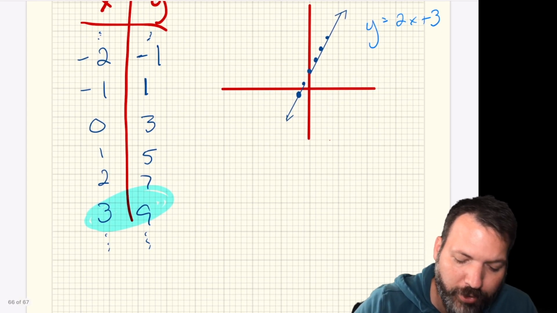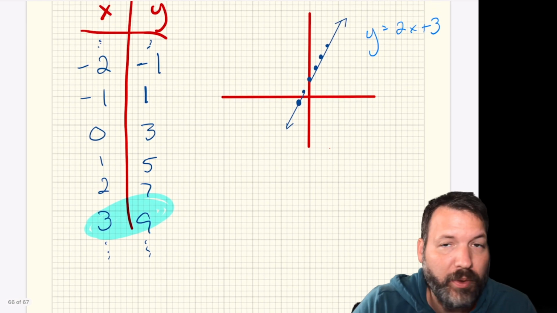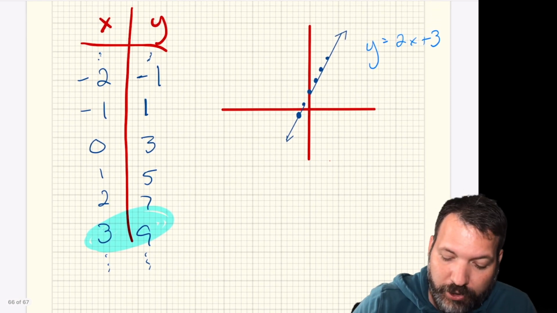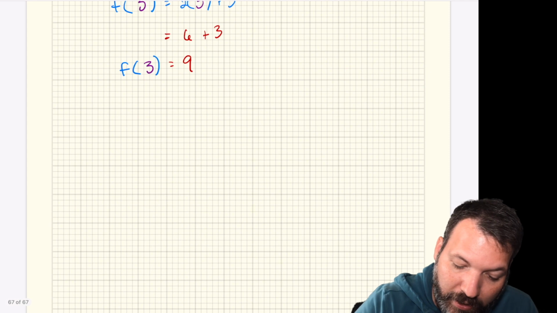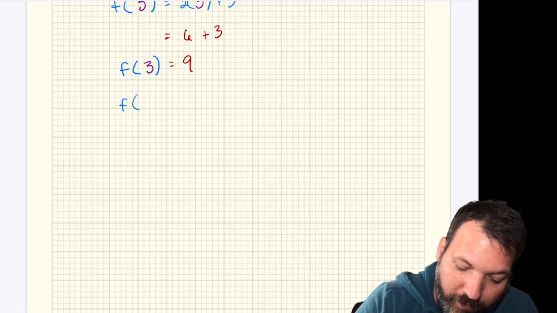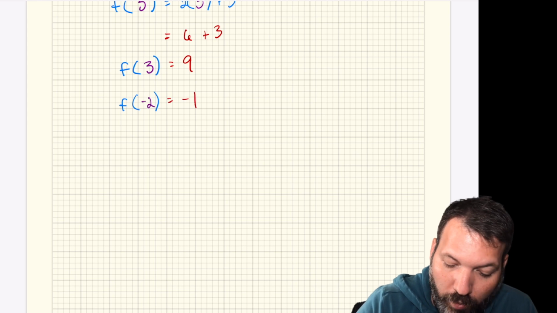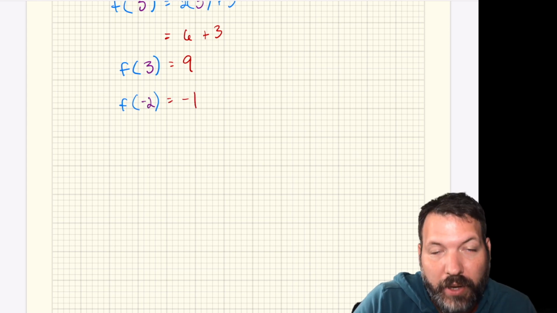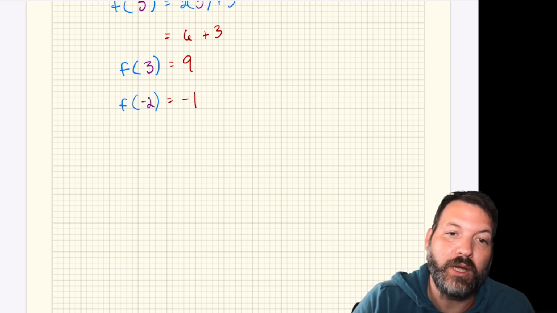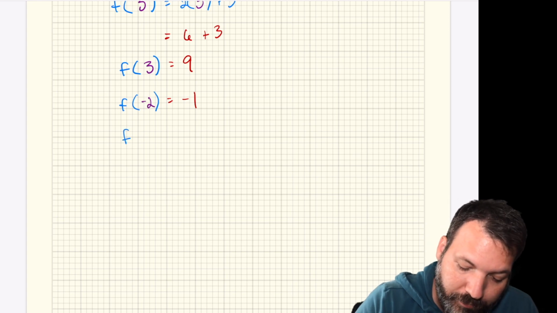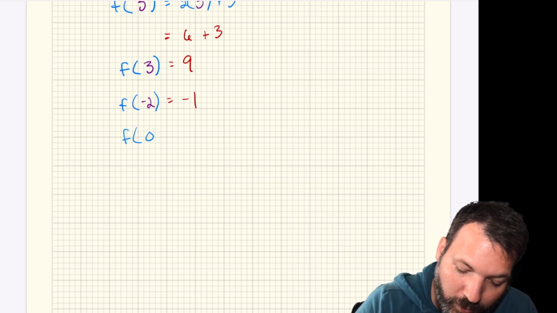In fact, all those input-output pairs can be represented using function notation. We could say things like f of -2 is equal to -1, because when we plug -2 into the rule, into the function, we get back -1. f of 0 was 3, right?